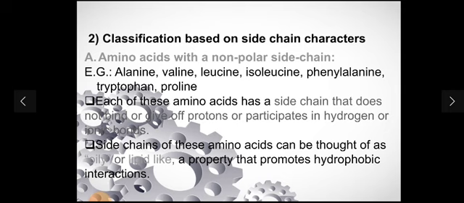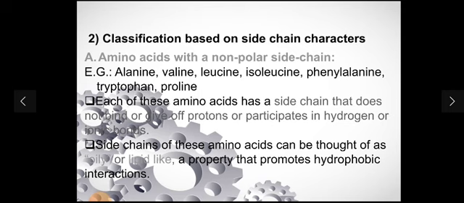Once you look at any amino acid and you don't see anything like sulfur, or oxygen in the side chain, know that those ones are all hydrophobic. They are all non-polar. Each of these amino acids has a side chain that does not bind or give up a proton or participate in hydrogen bonding.